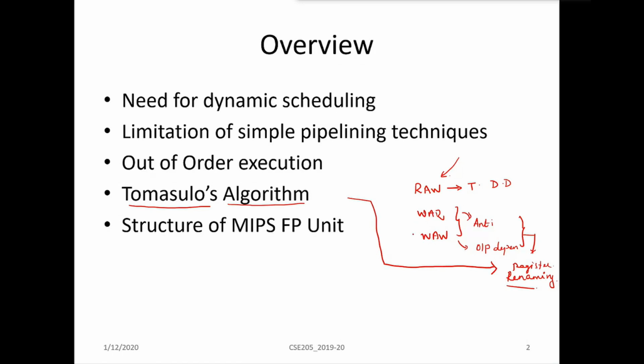RAW can't be eliminated, because if it is dependent, the output of one instruction goes as an input to the next, so it cannot be done. So we only need to eliminate these two hazards. We'll see how this algorithm works and the hardware structure, or architecture, of Tomasulo's algorithm.